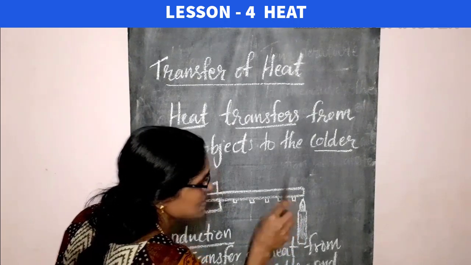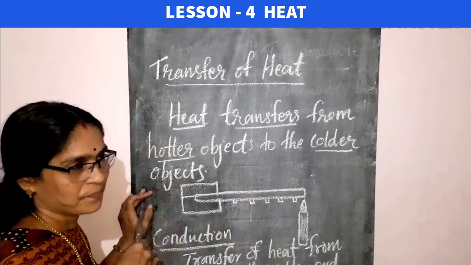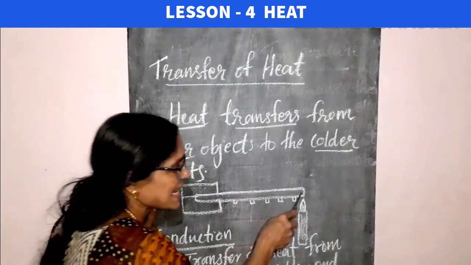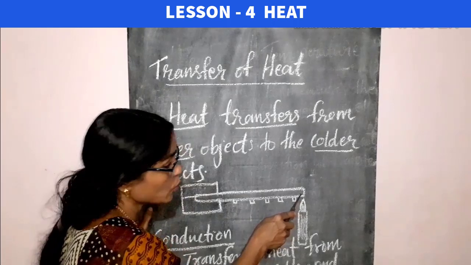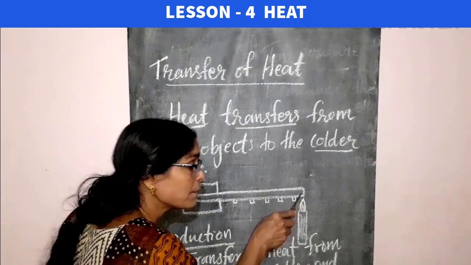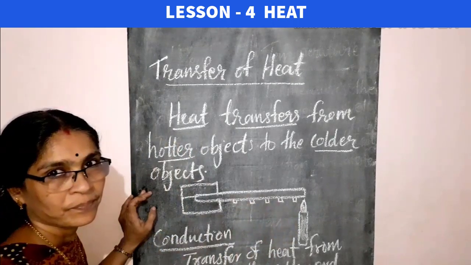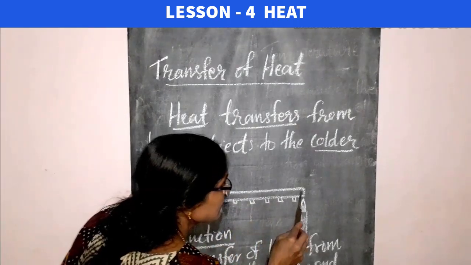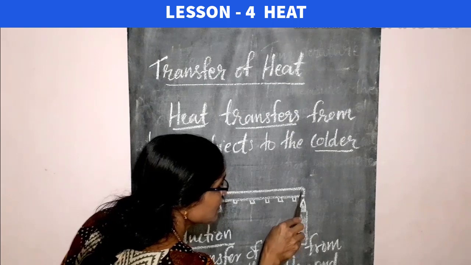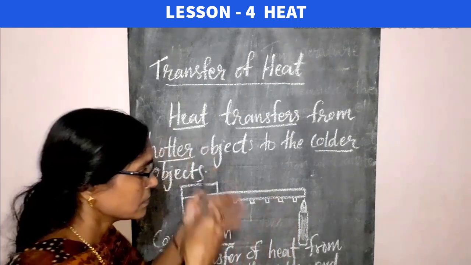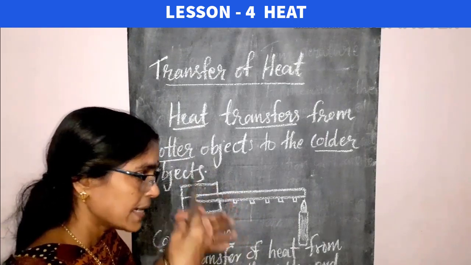Okay, here, when the heat is passing from the flame of the candle to this end, these atoms start to vibrate. And they stay in their own place. They are not moving. They only pass heat from one to the other. Then the heat passes from these atoms to the next atom, then that atom vibrates and stays in its own place.